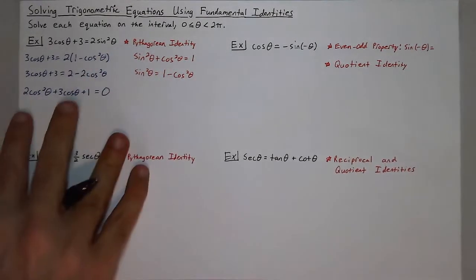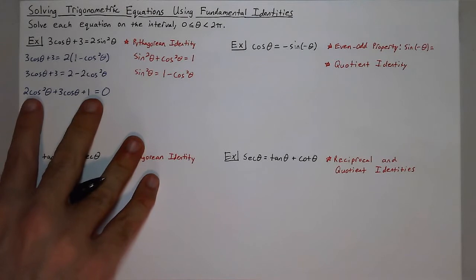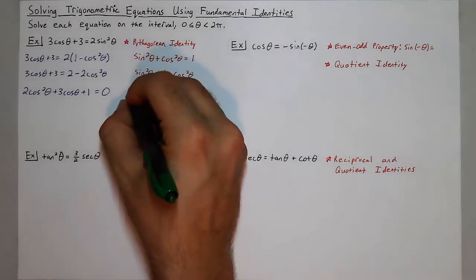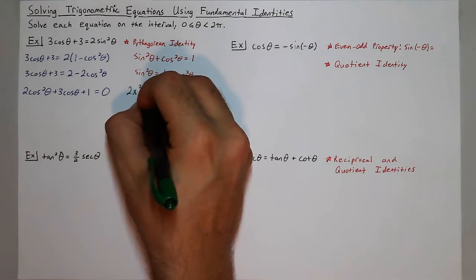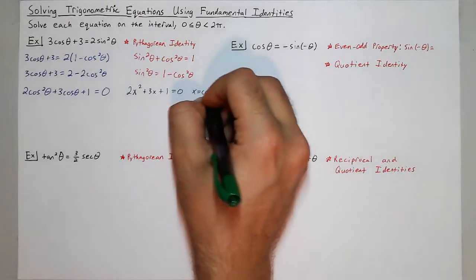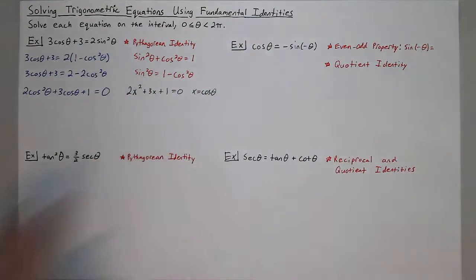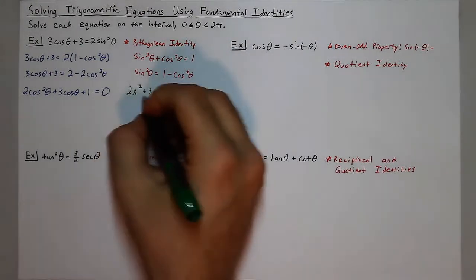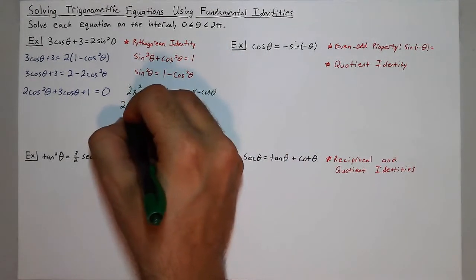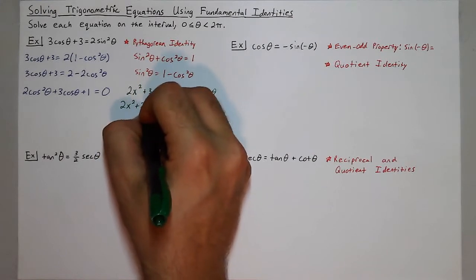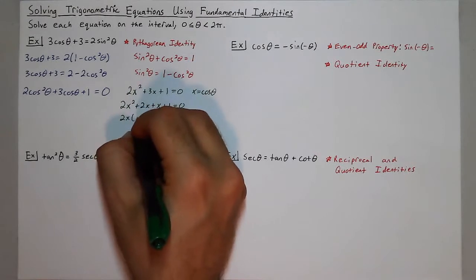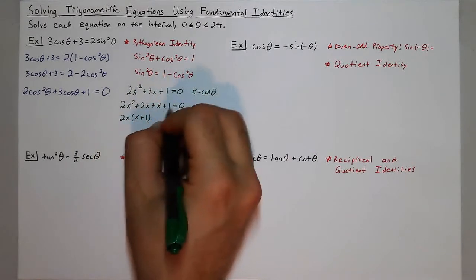And now I have a quadratic equation to factor. Meaning if I rethought of this as 2x squared plus 3x plus 1 equals 0, with x being equal to cosine of theta, I could just factor like a normal quadratic. So two numbers that multiply to positive 2 but add to 3, that would be 2 and 1. So 2x squared plus 2x plus x plus 1 equals 0. 2x times x plus 1, I can factor out a 1.